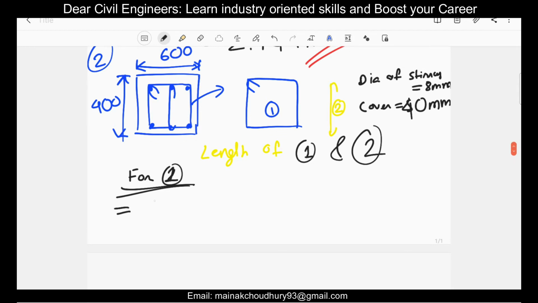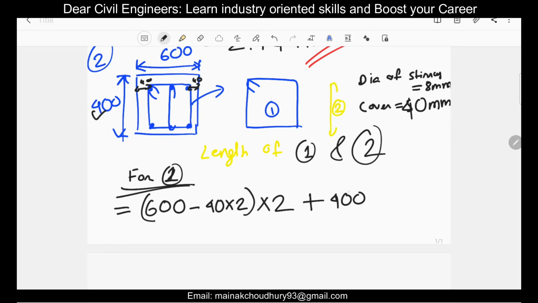Now let's calculate. Okay, so it will be 600. So this is 40 and this is 40. Okay, 600 minus 40 into 2, that is 80. Now this will be into 2. This is 1 and this is 2, into 2. And plus similarly this side is 400.